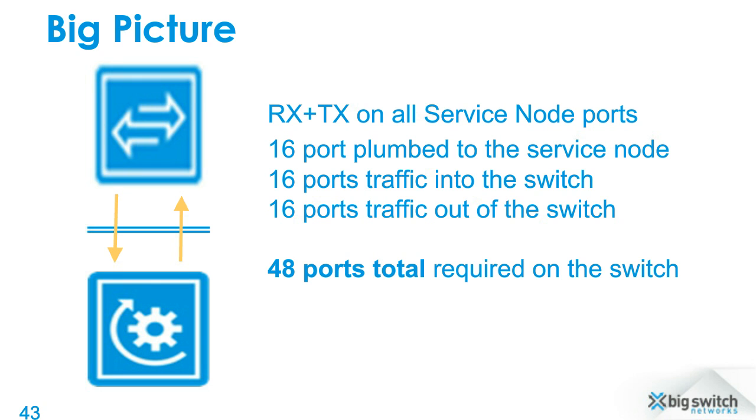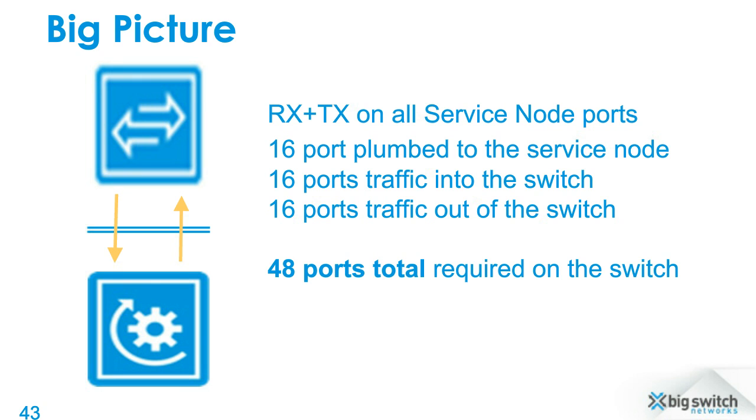Okay, I want to look at the service node again, but this time from a different perspective. I want to talk about how wide it is, because what we talked about so far is you have a 10 gig interface, traffic comes in, traffic comes out. But a single 10 gig interface is not very interesting.